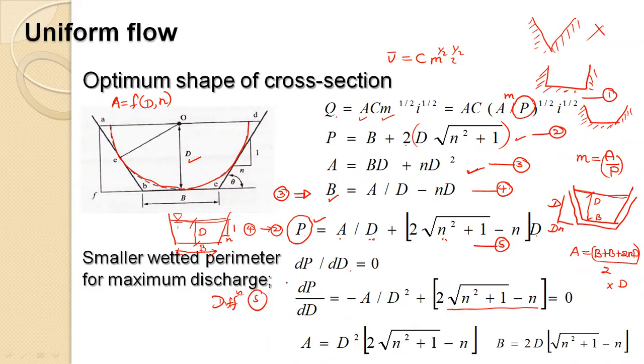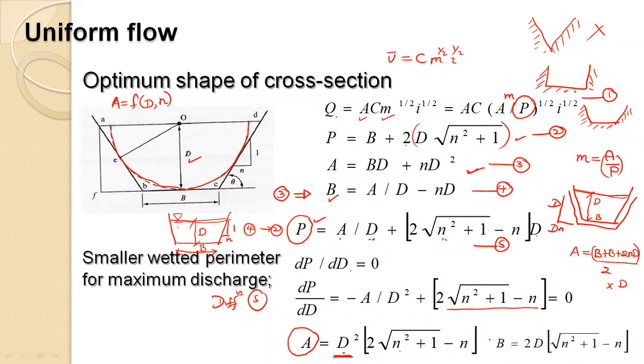Now this whole term dP by dD, for a minimum value of P, should be equal to 0. So let's equate and get an expression for A. So I got an expression for A in terms of D and N. This one is taken at the minimum value of P with respect to the water depth.